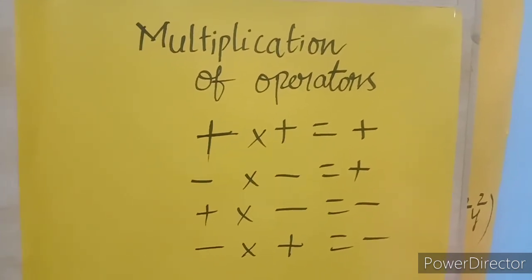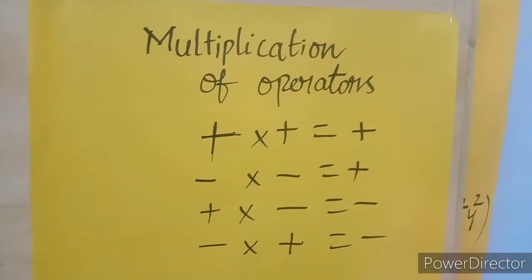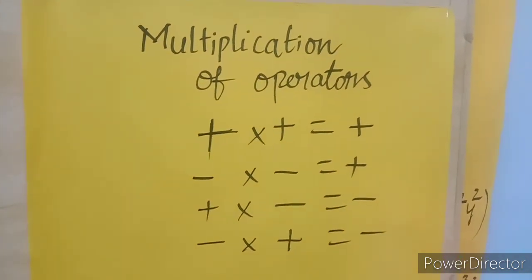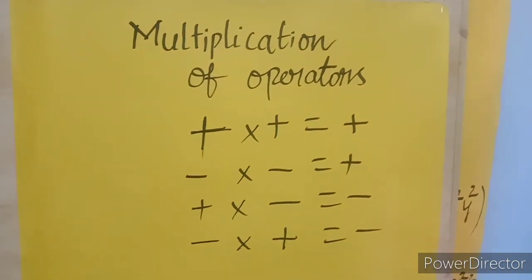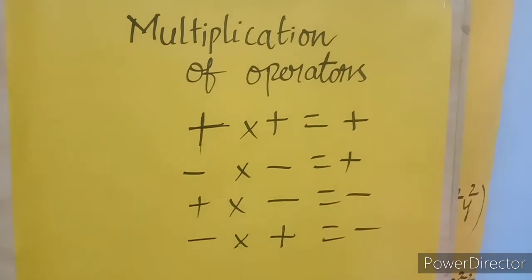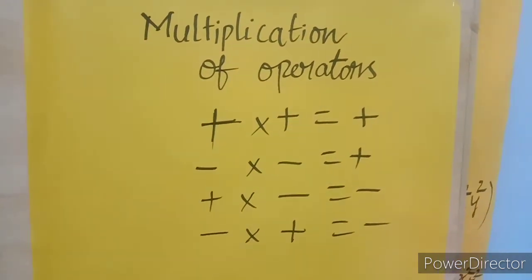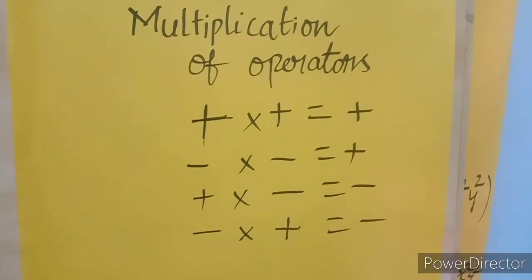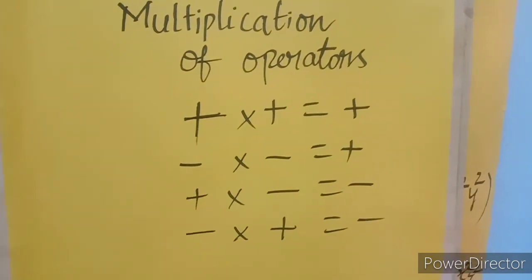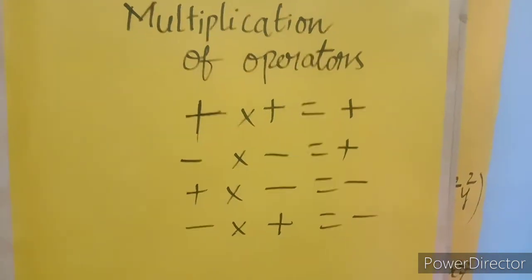And then plus into minus, the answer is minus. Also minus into plus, the answer is minus. So you have to check the same operators when we are multiplying: plus into plus is equal to plus, the same minus into minus is equal to plus. Alternate symbols, plus into minus is equal to minus, and also minus into plus is equal to minus.